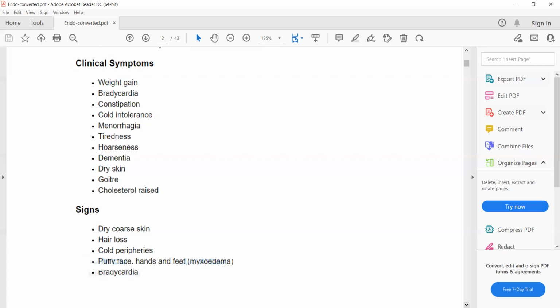So all the metabolic functions of the body will be decreased. Decreased metabolism of fats will lead to weight gain and depression of other systems such as cardiac depression, GIT depression, and due to low or slow metabolism, cold intolerance.